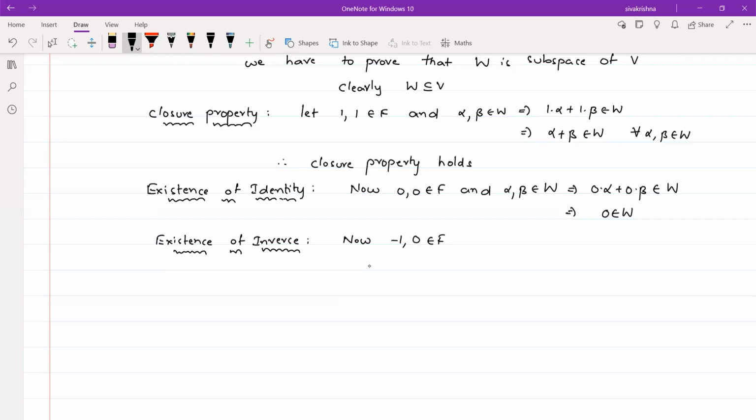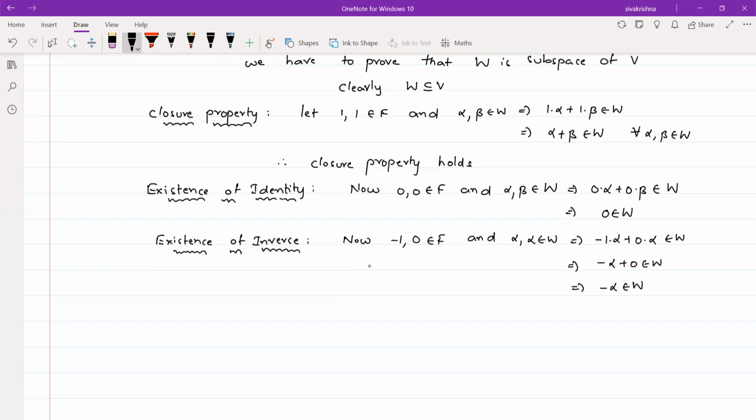And once again, I consider alpha, beta in W. This implies, once again by our converse supposition, we can write -1 into alpha plus 0 into beta belongs to W. So this implies -1 into alpha is minus alpha, plus 0, belongs to W. So this implies minus alpha belongs to W. So this is the inverse property.